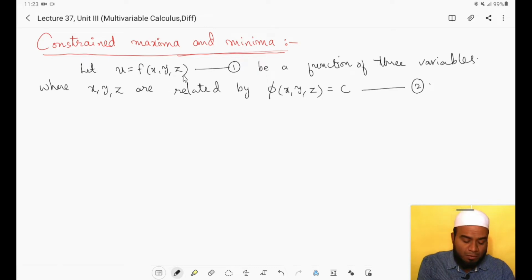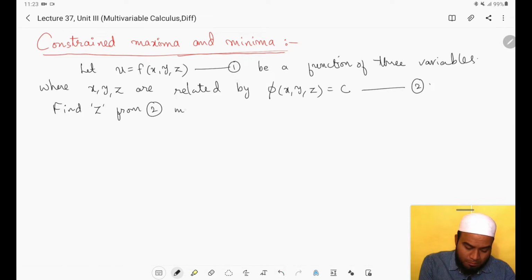So what we are going to do here is find z from 2 in terms of x and y and substitute in 1. Then what will happen?